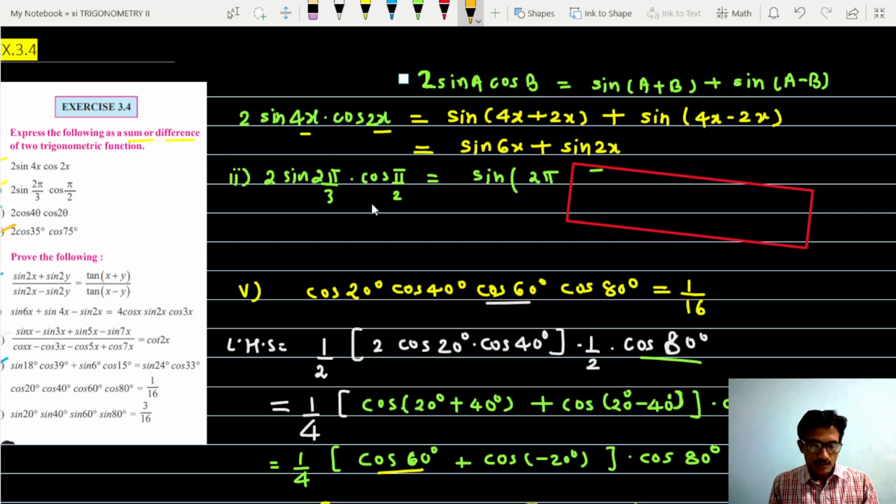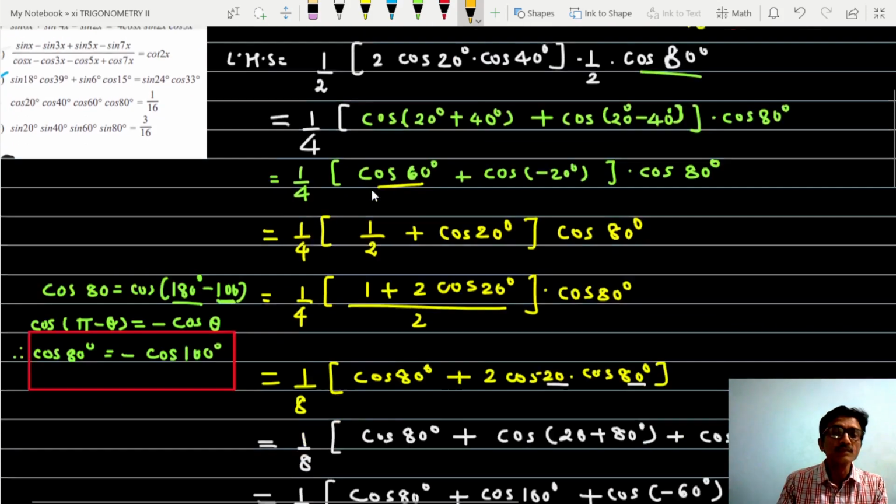Here the next is, let's prove this question, that is from the solved example.